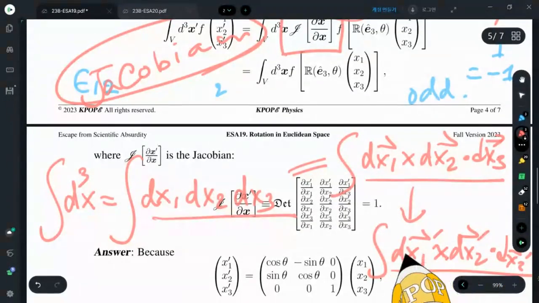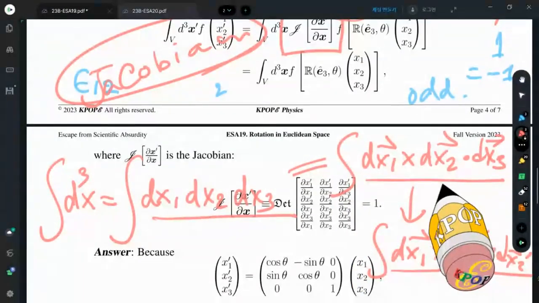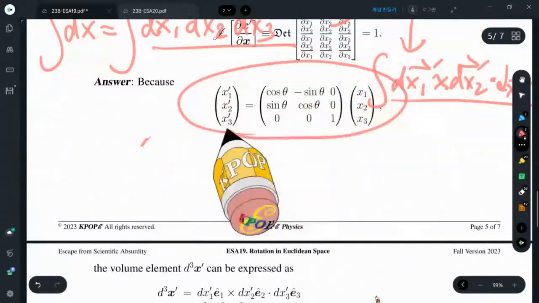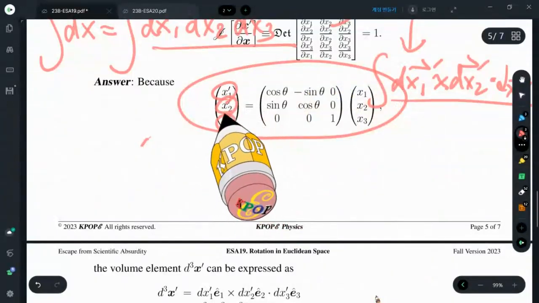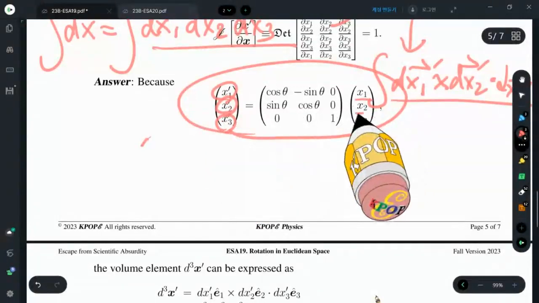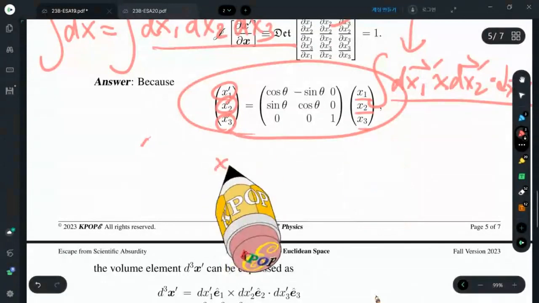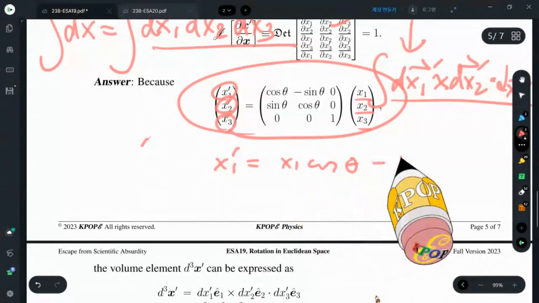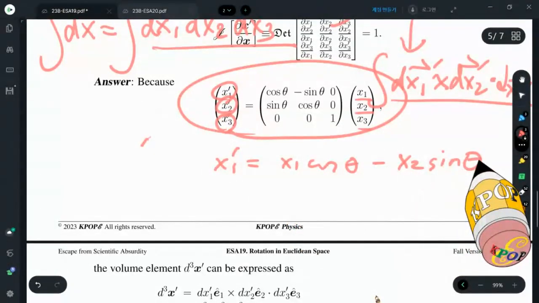And in here, we have a linear transformation because x prime 1, 2, 3 are correlated with x 1, 2, 3 as it is. For example, x1 prime equals x1 cosine minus x2 sine, something like that.